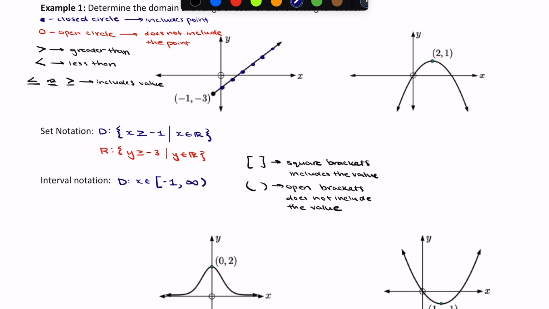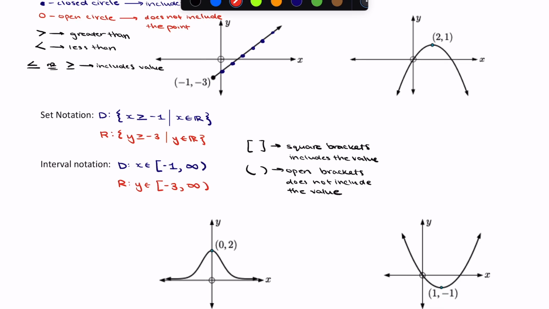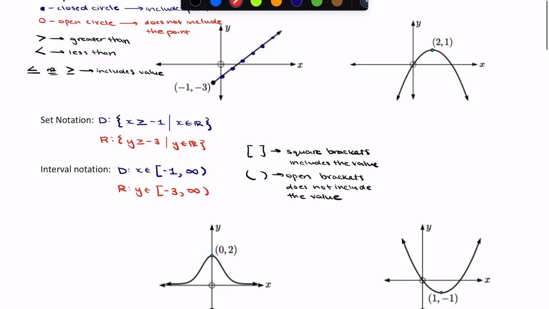For negative and positive infinity, we put the open bracket because there's not a specific point where infinity or negative infinity stops. If we look at the range here, where's the interval for y? Well, it starts at -3, and it also goes to positive infinity. And generally, the standard form is to start from the smaller to get to the larger. So from -1 to infinity, -3 to infinity, instead of going from infinity to -1. So from left to right, a lot of the times we'll look at it.